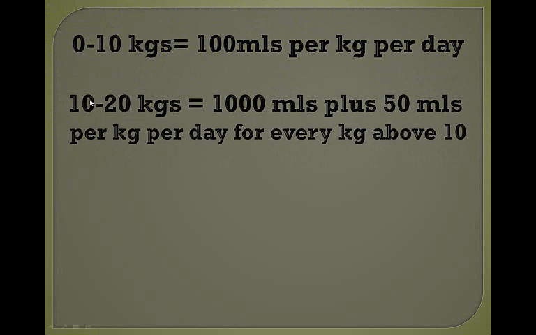So in this case, if you have a patient that is 15 kilograms, you're going to be giving that patient 1,000 milliliters plus 50 milliliters per kilogram for every kilogram above 10. 15 is 5 kilograms more than 10. So you would take 1,000 milliliters plus 50 times 5, and that would end up being 1,250 milliliters. And that is your daily requirement for your patient.